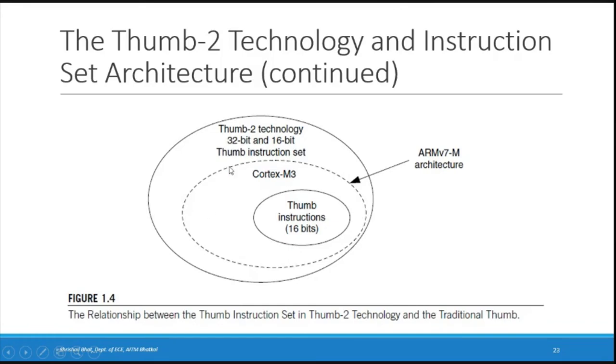Okay, so there are more instructions in the Thumb 2 instruction set. All the instructions are not supported by all the processors or controllers. So certain instructions that fall in Thumb 2 technology are supported by the Cortex M3 processor. One part of that is the 16-bit instructions, but along with that we also have 32-bit and 16-bit Thumb instructions.